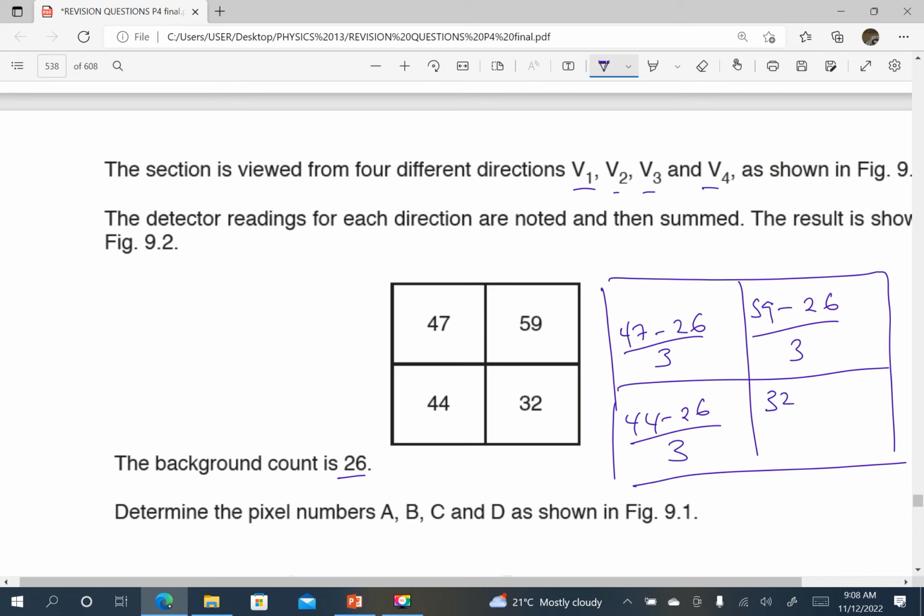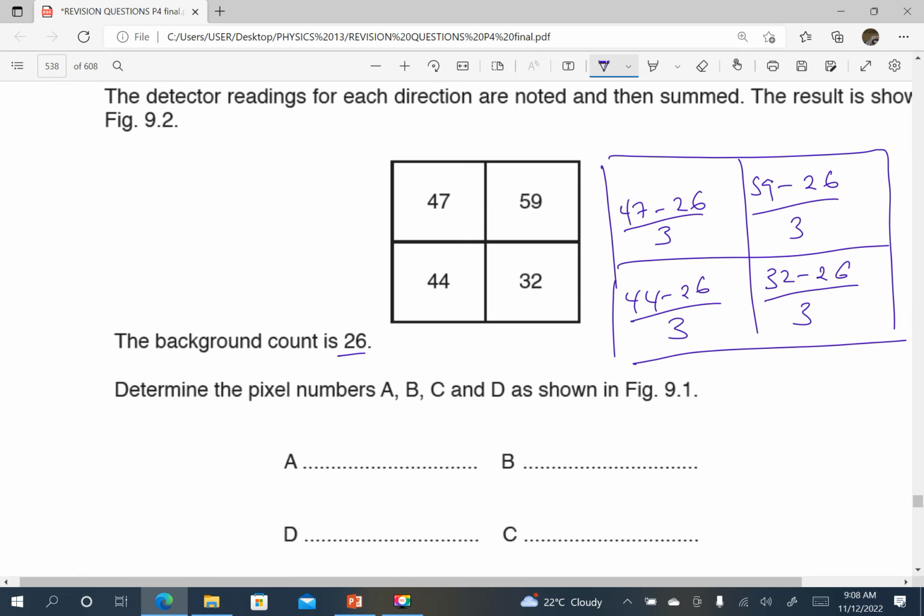And for 32, I will subtract 26 and divide by 3.